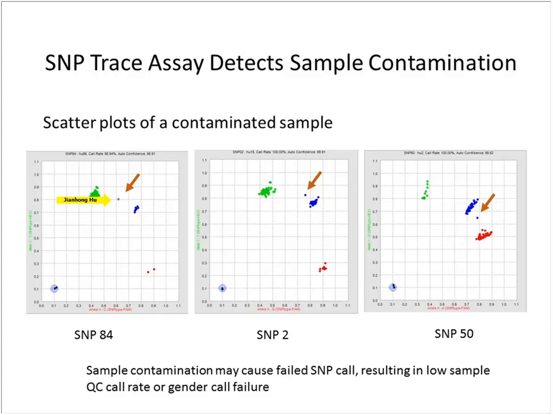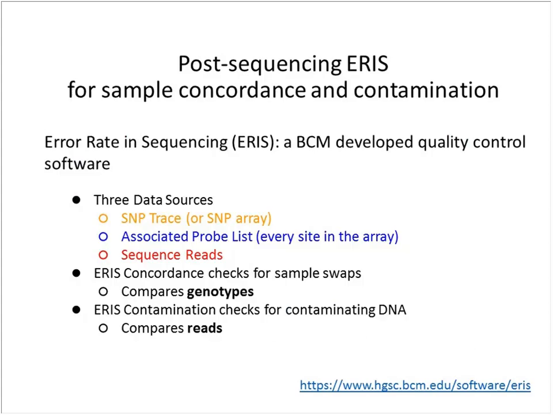So this initial analysis was performed using the analysis software provided by Fluidigm. In our center, we have self-developed software, ERIS, which stands for error rate in sequencing. It can analyze sample concordance and contamination.